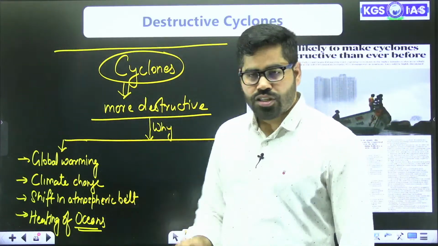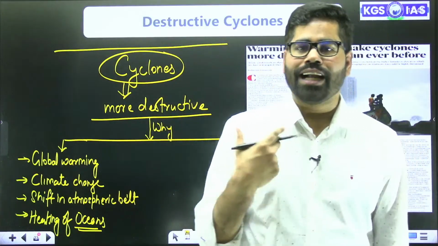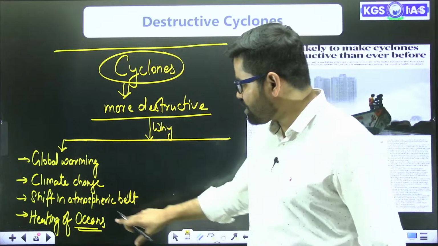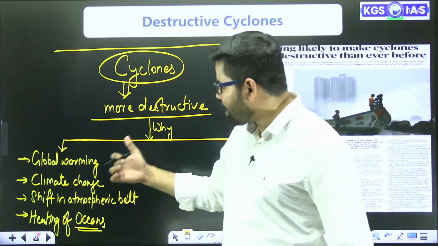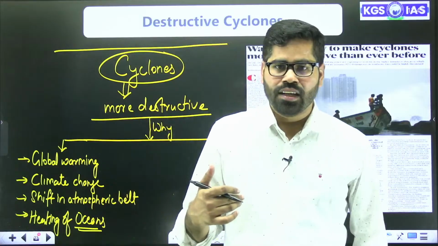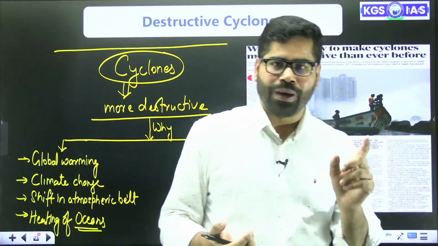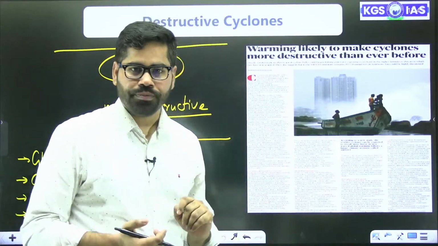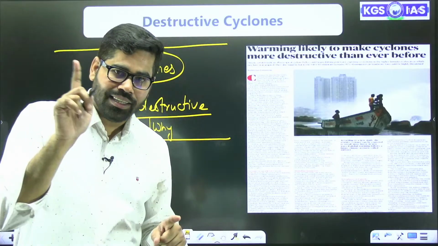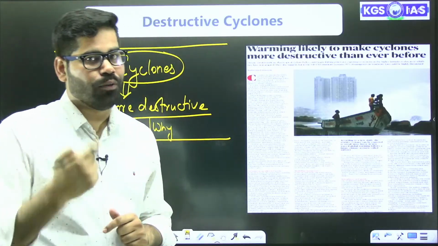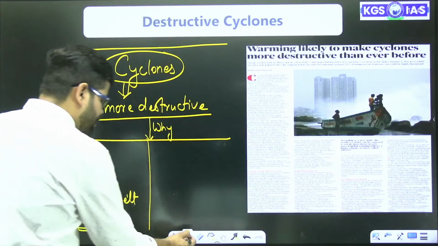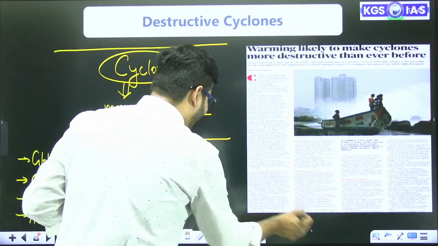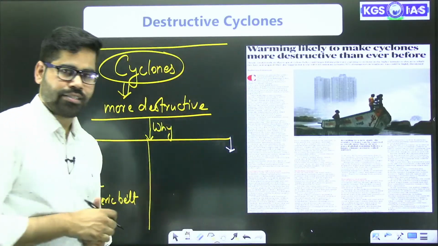Then the atmospheric pressure belt is also shifting continuously. Then at the same time, we see that there is heating of the oceans also. So these factors are contributing directly to making more frequent and more intense cyclones. Okay. But they are becoming destructive also. So these are some of the reasons.